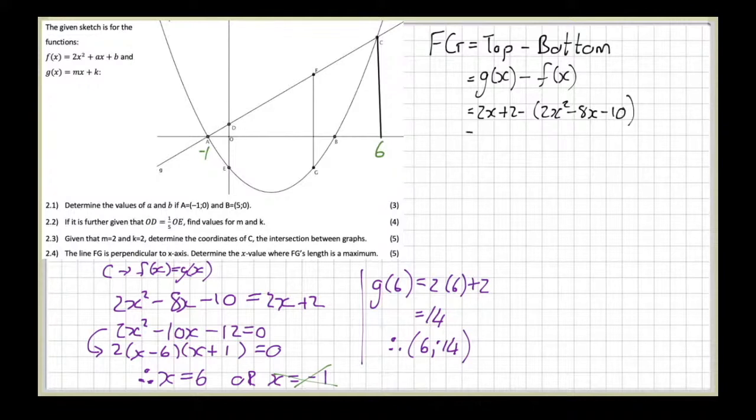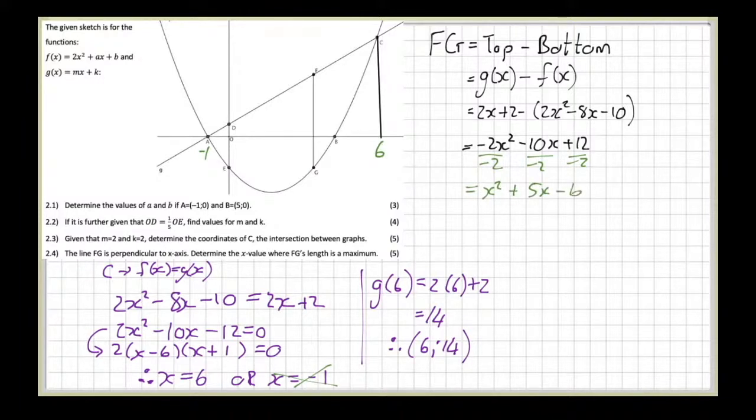If I simplify this, it becomes negative 2x squared minus 10x plus 12. You can remove the brackets yourself, distribute the negative in, add the like terms. And now I'm going to divide straight through by negative 2. And then I'm going to get x squared plus 5x minus 6.